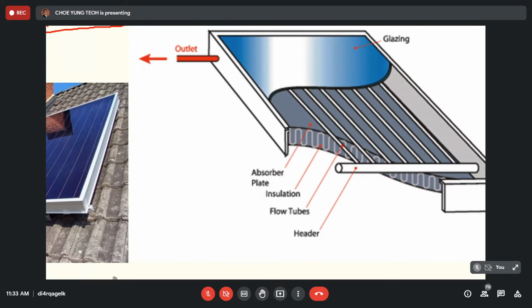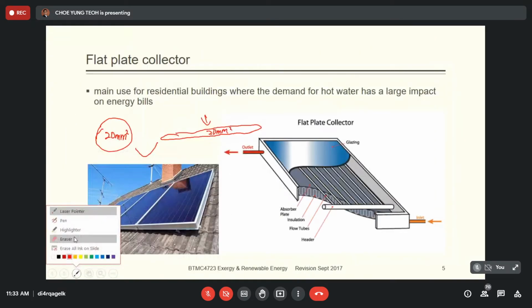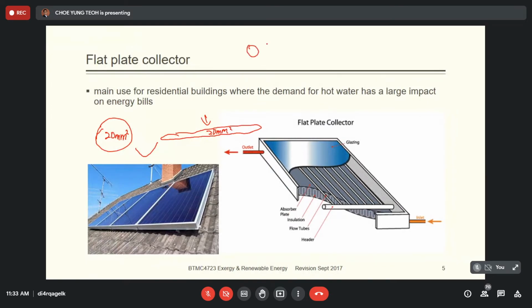But the insulation, let's say I have the flow tube. This is the water flowing inside, and I put the insulation with thickness T. Does it mean that when T increases, the insulation increases?